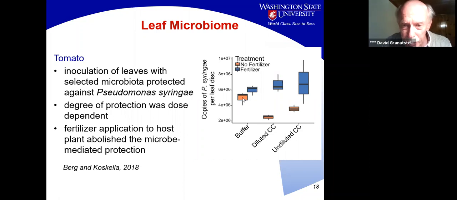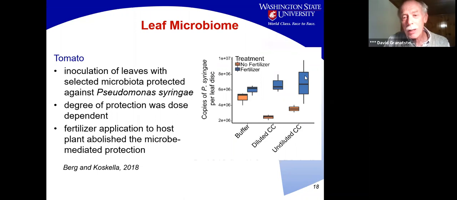So essentially, here's the untreated versus where they treated it, diluted and then undiluted. So the degree of protection did show somewhat of a dose dependence, but then they put fertilizer on it. And by adding fertilizer to the plants, it completely negated this beneficial microbe response.